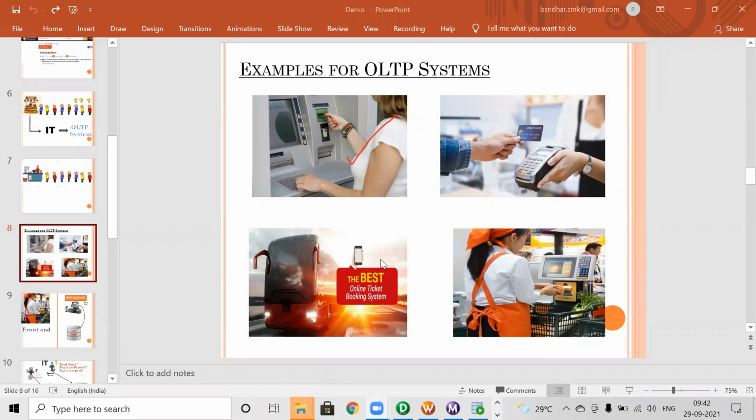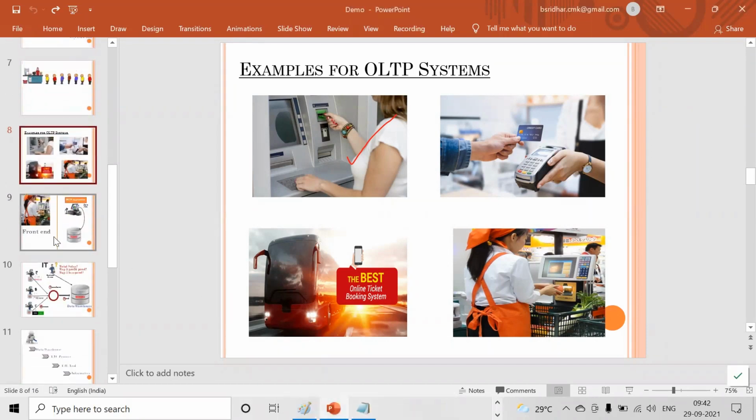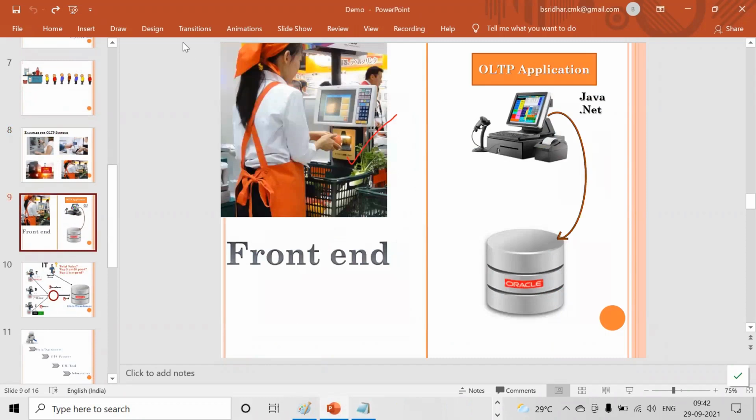So being a customer, at the front end, what you feel, if you are booking a train ticket, you feel like, okay, I have a very good smartphone and I have IRCTC mobile app and I'm booking tickets, done. But at the back end, your OLTP systems are not so simple. So this is what you see in front end, but at the back end, this is how your OLTP is.